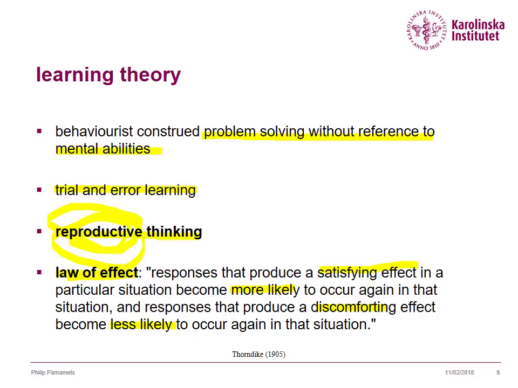Simply because when I went to the next room, I found coffee there. But conversely, if I hadn't found coffee when I went to the next room, then I would be less likely to try that the second time around, and I'd be more likely to try the alternative, which would be going outside of the building. Okay, so basically the idea is that we try various solutions, and the ones that work, we repeat.